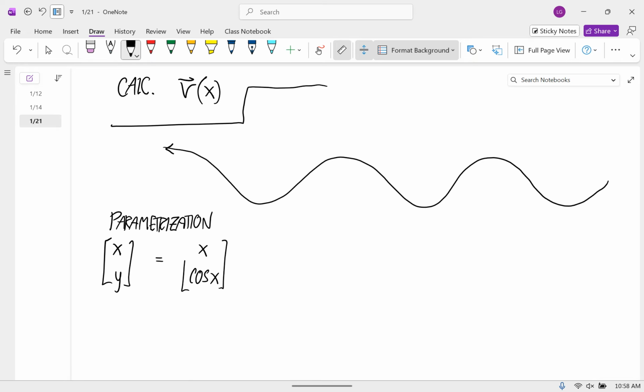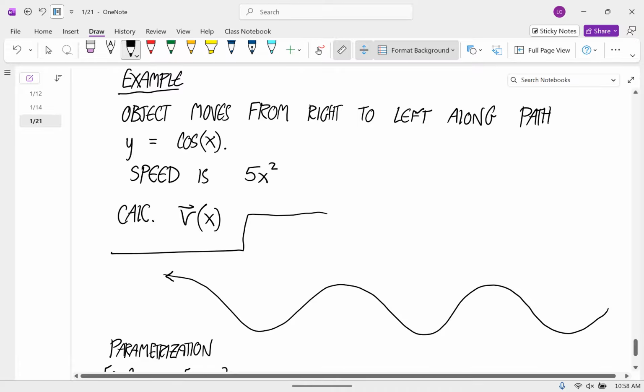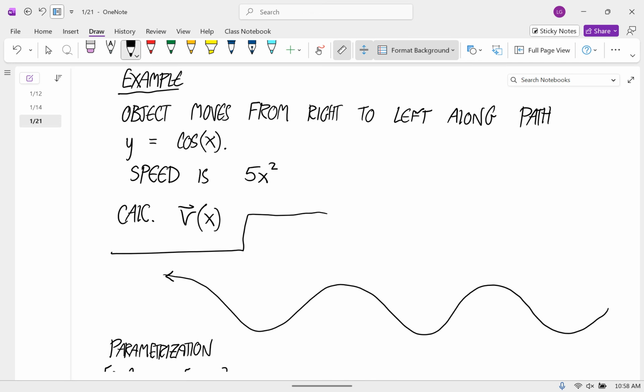So there's our parameterization. Can you explain that again? Yeah. Like any vector, you can write it in this function form, like y equals cosine x, but the position vector is always just x for the x component and y for the y component. So all I'm doing is replacing the y component with that functional value. Okay.